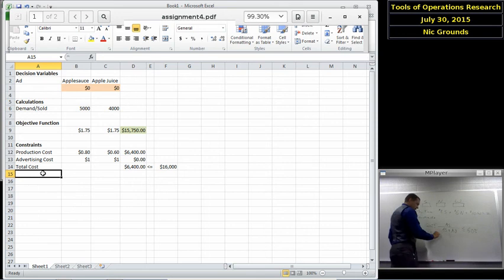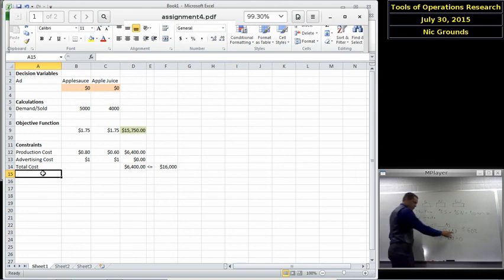But 0.8 applesauce minus 0.2 apple juice, okay, is greater than or equal to 0. So that's just taking the left-hand portion of this that says the ratio of applesauce to total is greater than or equal to 20%.